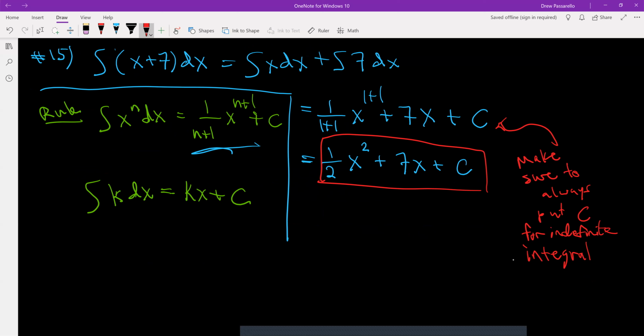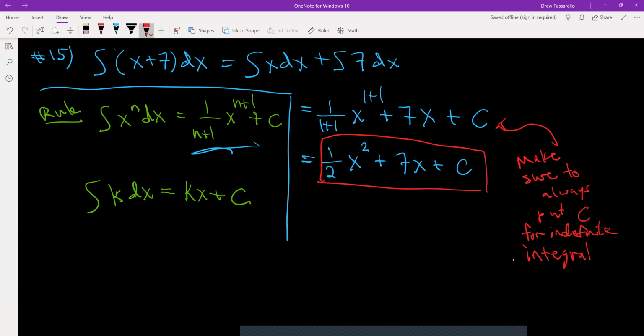Again, we have the constant of integration plus c because this is a family of functions. The 1/2 x squared plus 7x plus c is a family of functions. That's the antiderivative, so that means when you take the derivative of that, you get x plus 7.